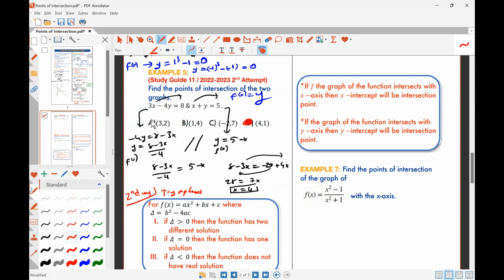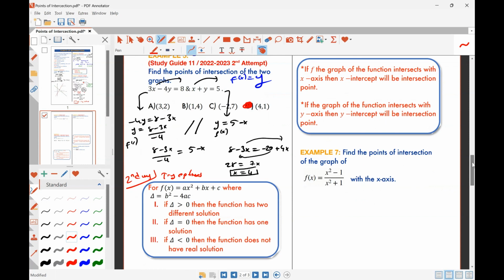Let's put 3 for x, 2 for y, and see if it is true for both. Let's use the point in B in both of the equations, and see if it satisfies both. Try every option one by one and see if any point satisfies both equations. So this is always another way.